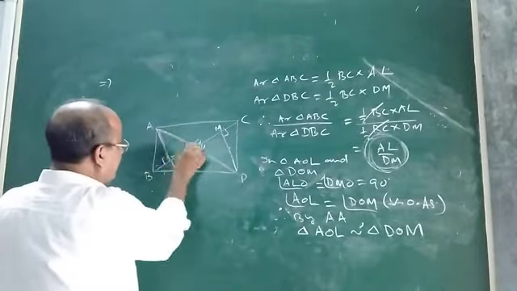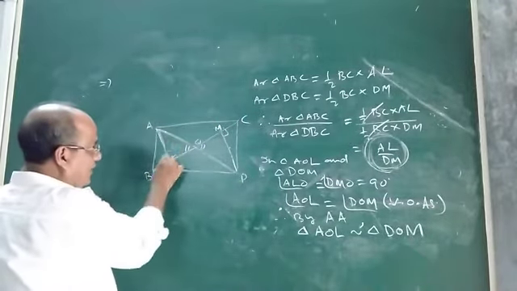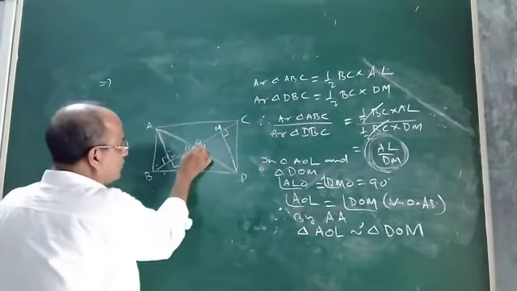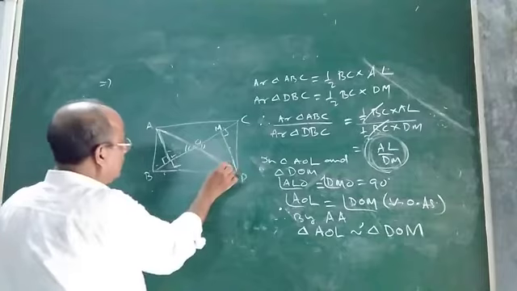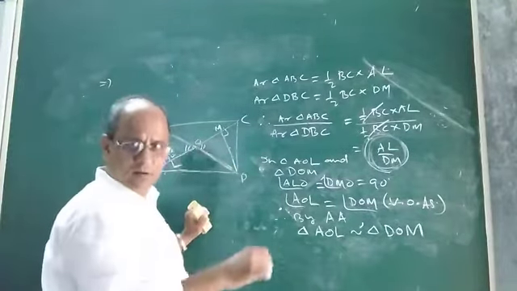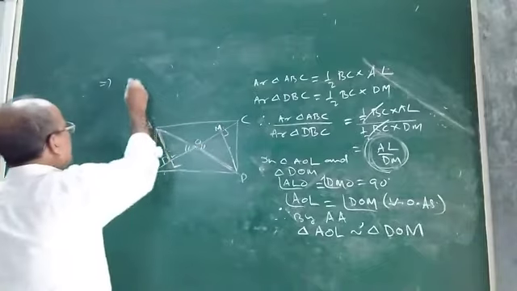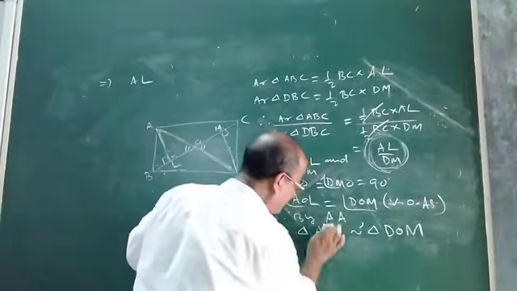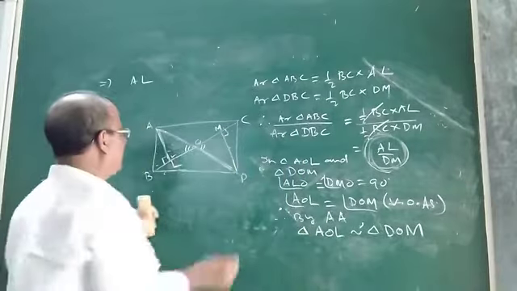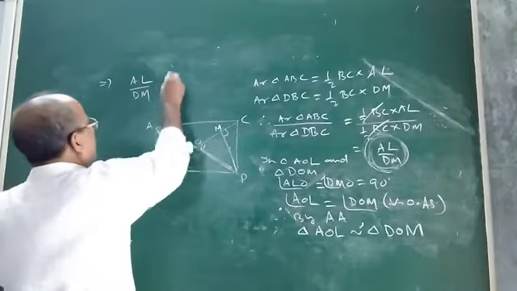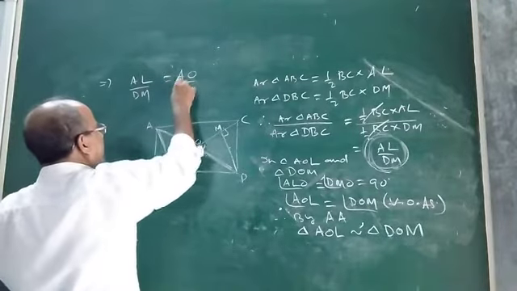Similarly, AO is present in triangle AOL and DO is present in triangle DOM. So AO and DO form a pair of corresponding sides. So as triangle AOL and triangle DOM are similar by angle criterion, no doubt AL by DM equals AO by DO.